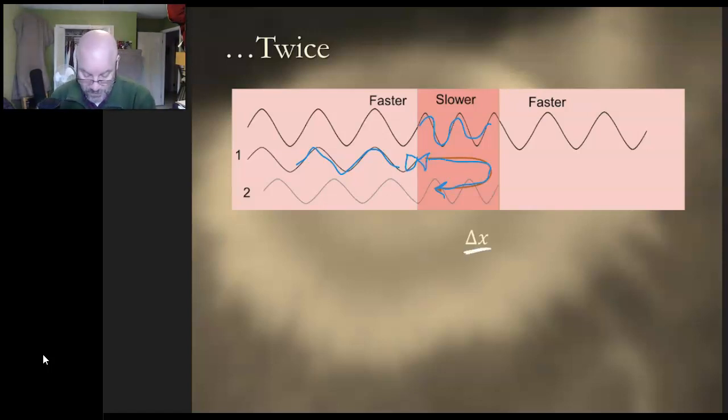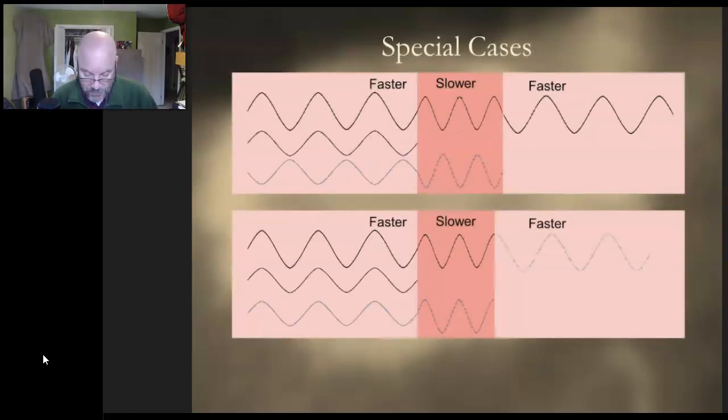Does this turn out to be an n lambda thing, where we're going to get constructive interference? Or does it turn out to be an n plus a half lambda thing, where we're going to get destructive interference? That's what we're going to be looking at. So here are those two special cases. In the top case, the light punches through here, bounces, and then punches back through on this side.